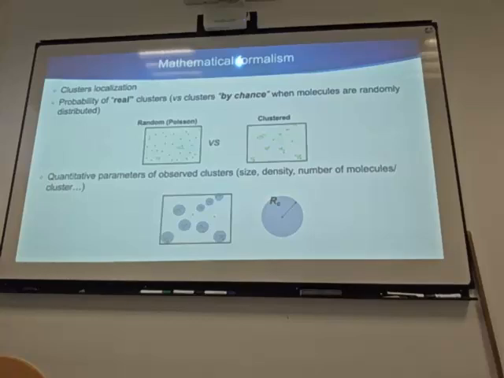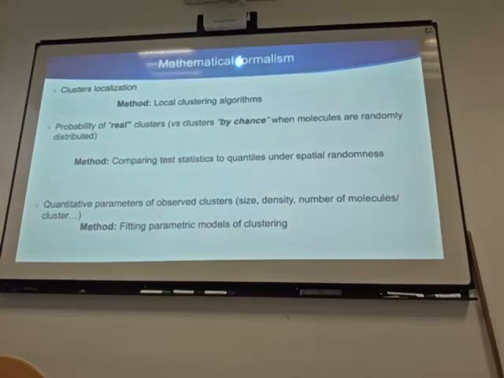I'm going to address in this part. For the cluster localization, you need some method like a local clustering algorithm. You have your data set and you want to segment it and find clusters with this type of algorithm.